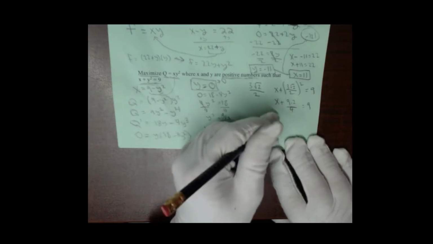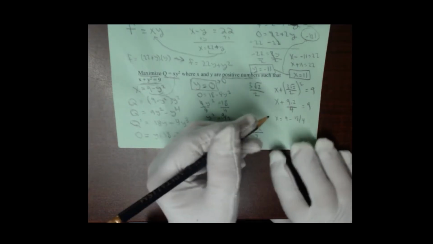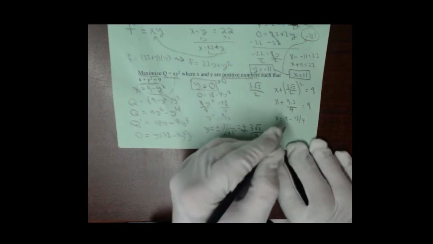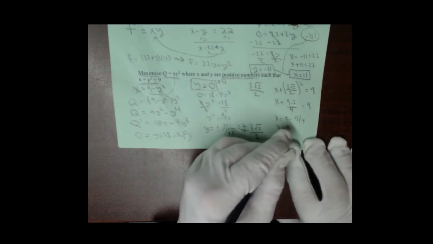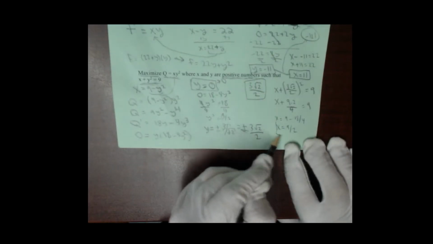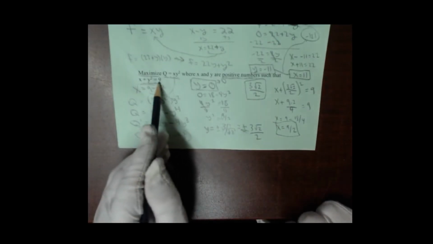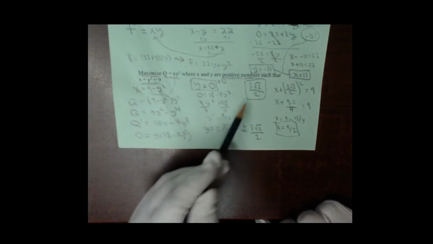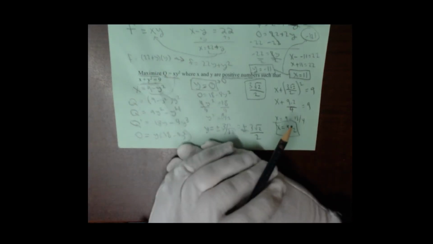And so that's going to be x equals 9 minus 18 over 4. And when you do that, you'll get a final answer of x equals 9 over 2. So there you go. Here's your y value. Here's your x value. That adds up to 9 when you do x plus y squared. And if you multiply these two things together, taking this to the second power, you'll get the maximum value that q will take on. That's all there is to this problem.